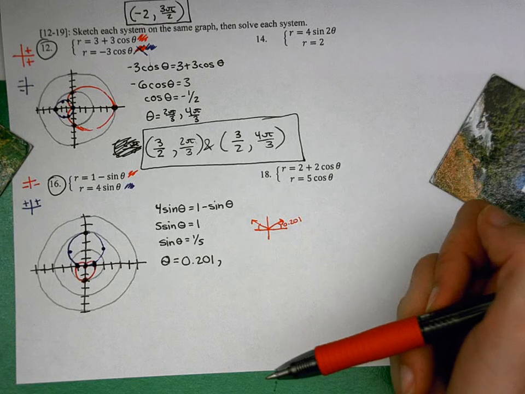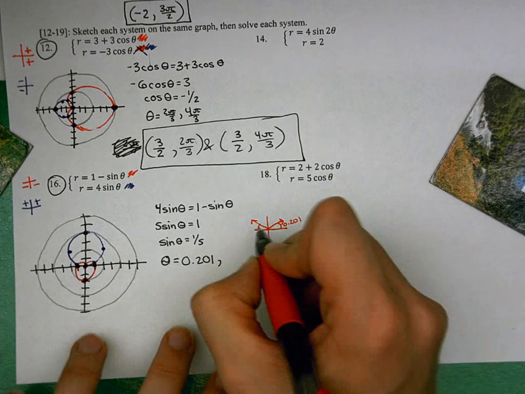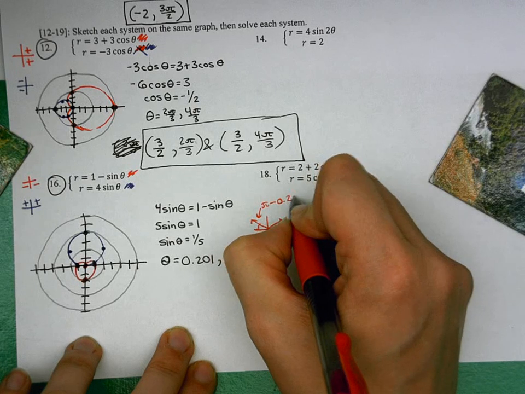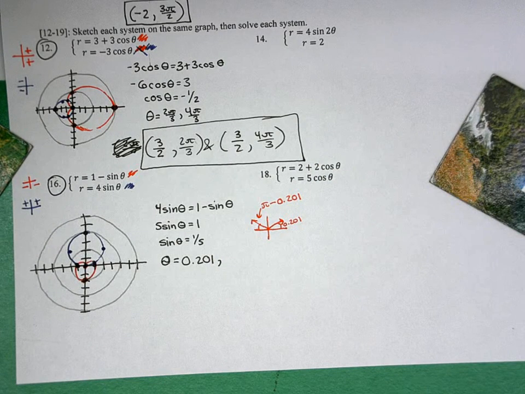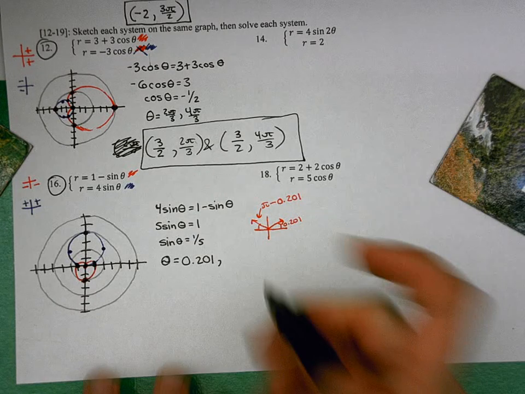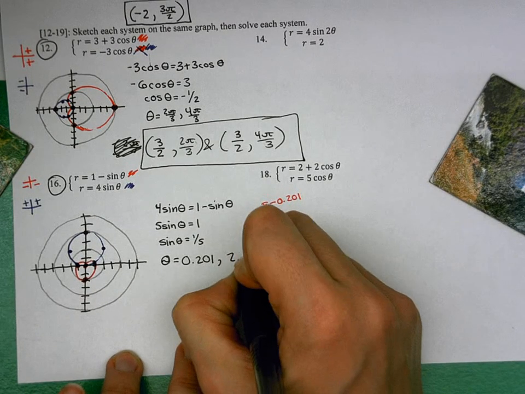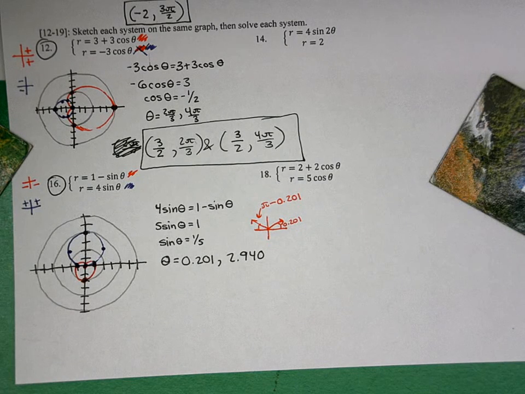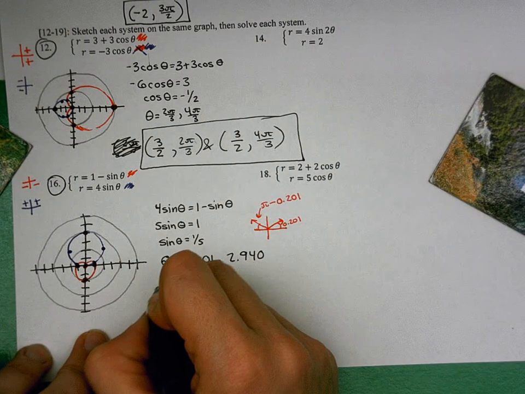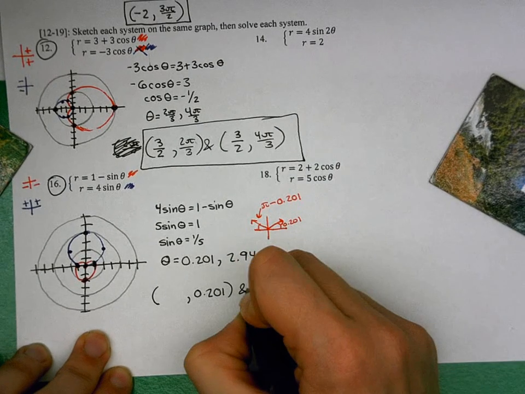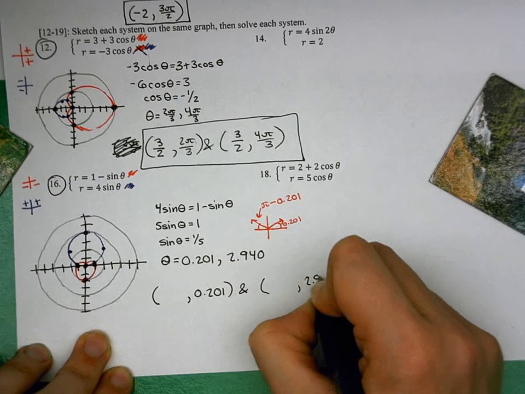And so I could find that angle by doing pi minus 0.201. When you do that, you get right around 2.940. And so then my two angles are 0.201 and 2.940.